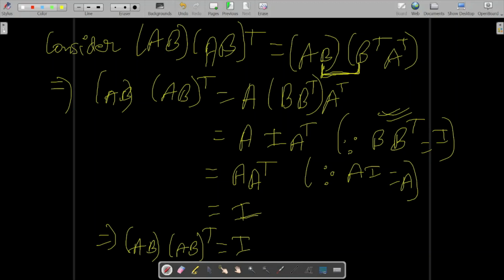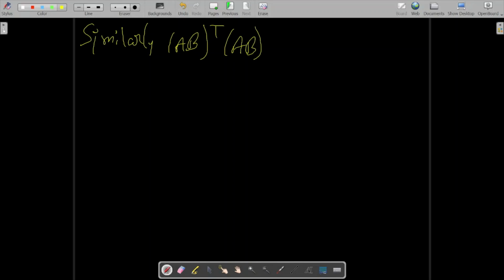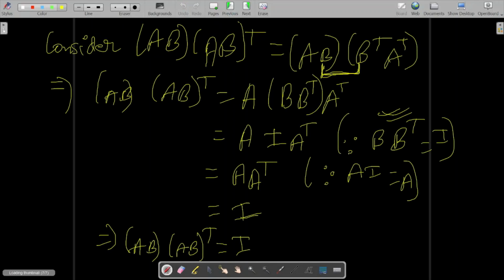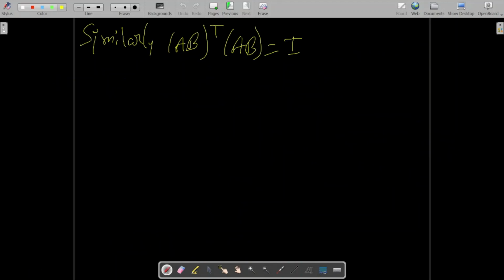Okay. Now we have to prove in a similar fashion. You can prove this also. Similarly, AB transpose AB is equal to I in a similar fashion, just like this. So in examination you have to prove this.